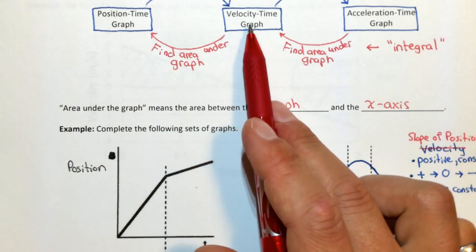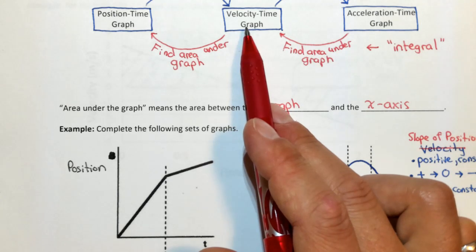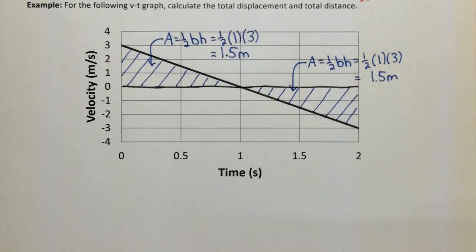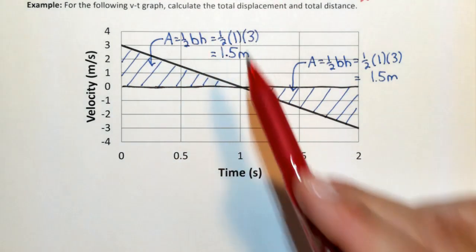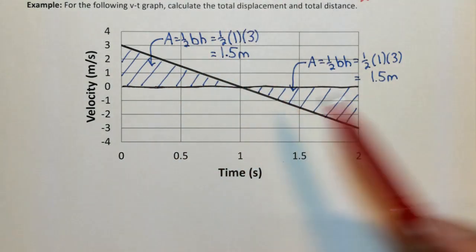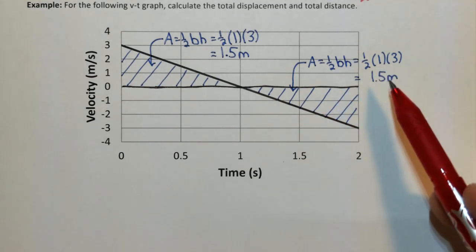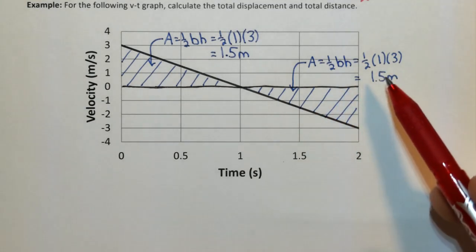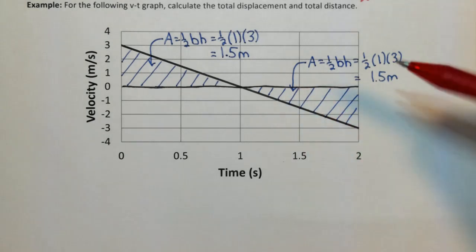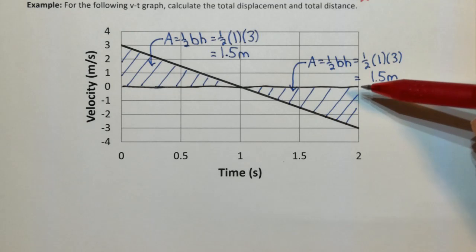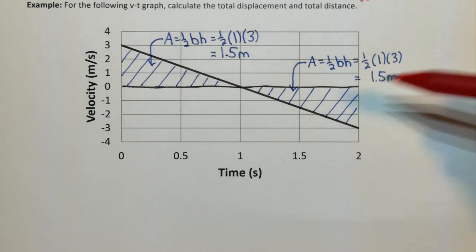A velocity can become smaller. So although we don't normally think of like the area of a sheet of paper as being negative, because these areas represent other things, we can interpret them as being negative. And so any area under the x-axis is interpreted as being negative. That's a key point.